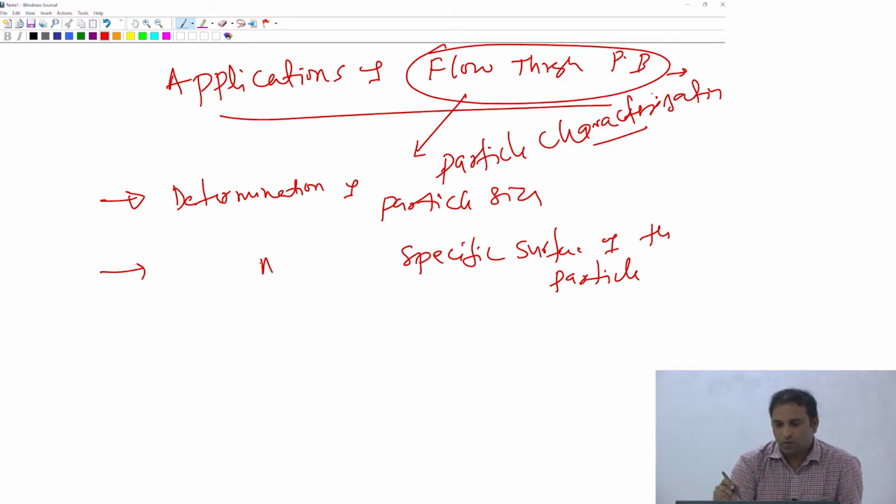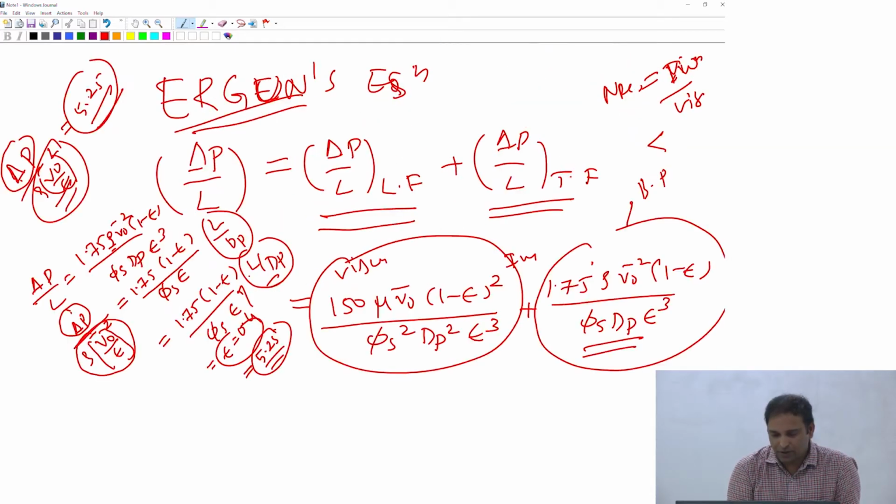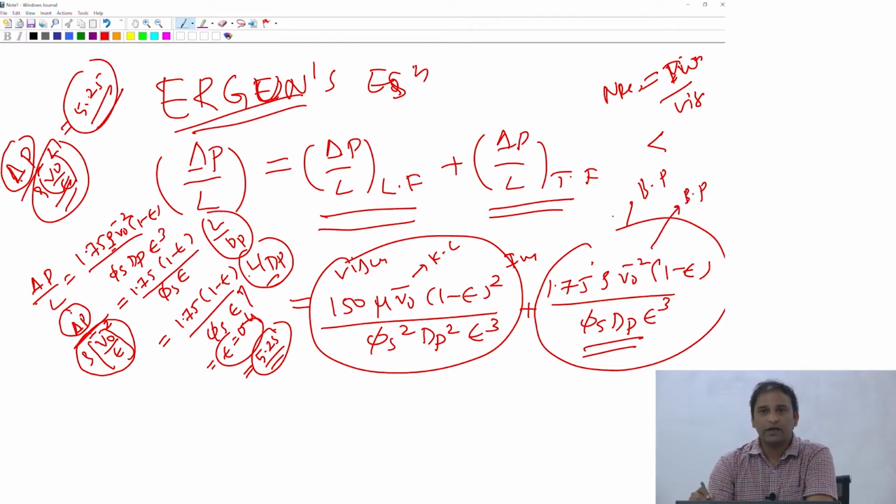So in doing this particle characterization, what is actually exploited is this Ergun equation, right. This is the Kozeny-Kármán term, and that's the Burke-Plummer term.